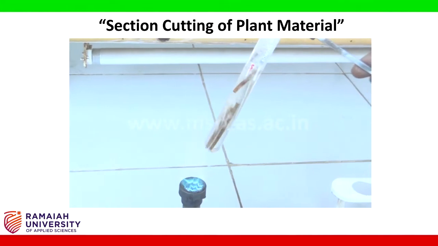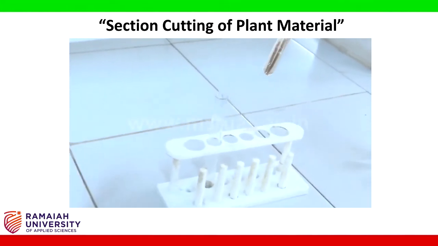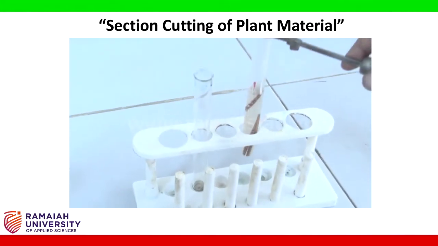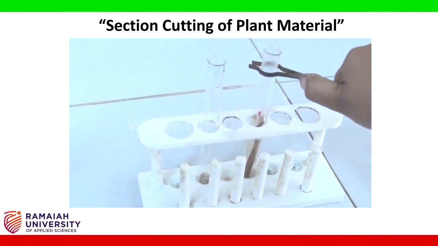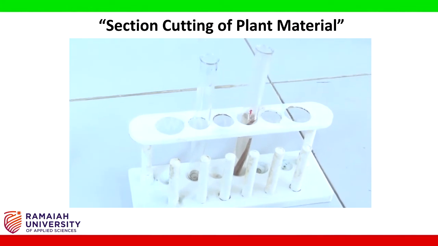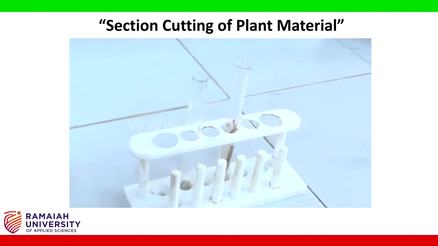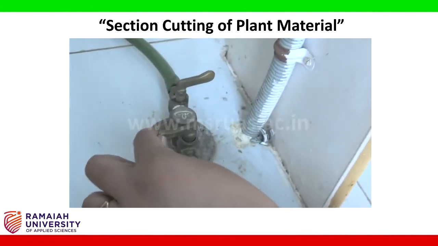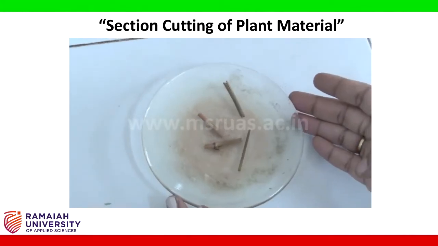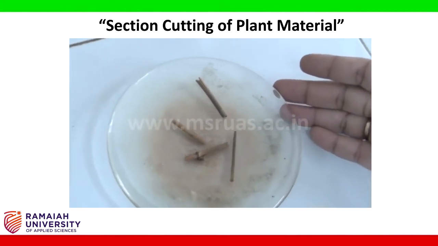Now we can put off the Bunsen burner, remove the plant material, place it on a test tube stand, remove the clamp and allow the material to cool and switch off the burner. Turn the knob off. Now after boiling, the material is transferred to a watch glass.